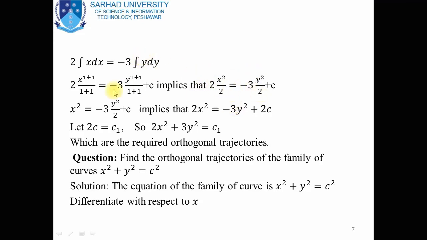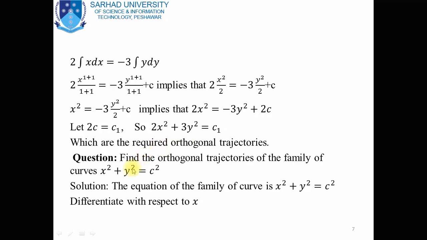Now the 2 cancels: x square is equal to minus 3y square divided by 2 plus c, and multiplying both sides by 2, we can write 2x square is equal to minus 3y square plus 2c. If we replace this 2c by another constant, suppose c1, we can write the simple equation 2x square plus 3y square is equal to c1, and this is actually the required orthogonal trajectory equation.